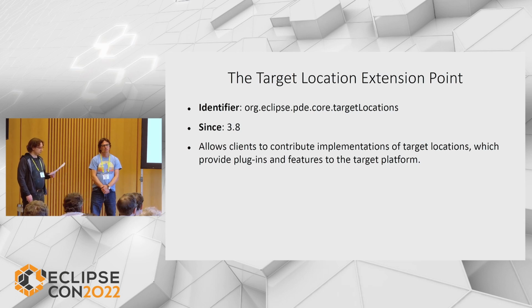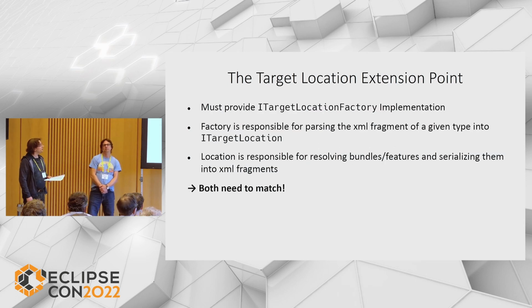The model part is quite simple and provides just a way to transform an XML fragment from the target into an object so we can use it in the Java world. For that, we have a factory that parses the fragment of a given location type and creates a location. You remember what Gilles said before about locations.